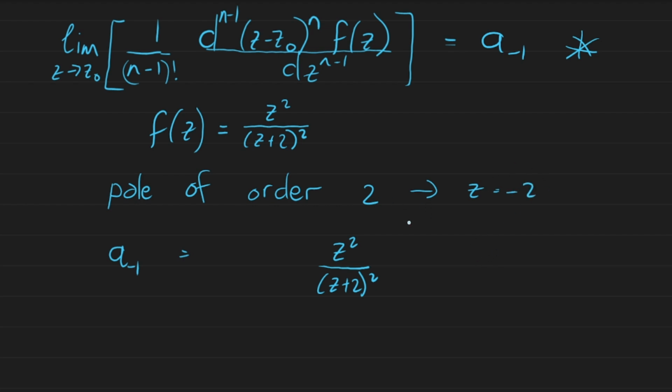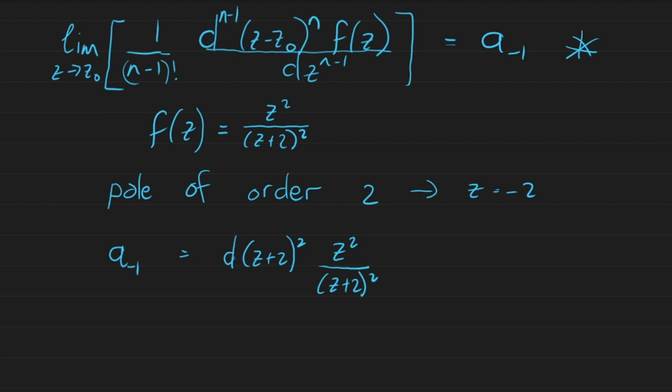So then we multiply it by (z minus z naught) to the power n, and z naught is the singular value, that's minus 2. So instead of z naught, we put in minus 2. So then we're multiplying it by (z plus 2) raised to the power n, so squared. So essentially we are cancelling the denominator of this function.